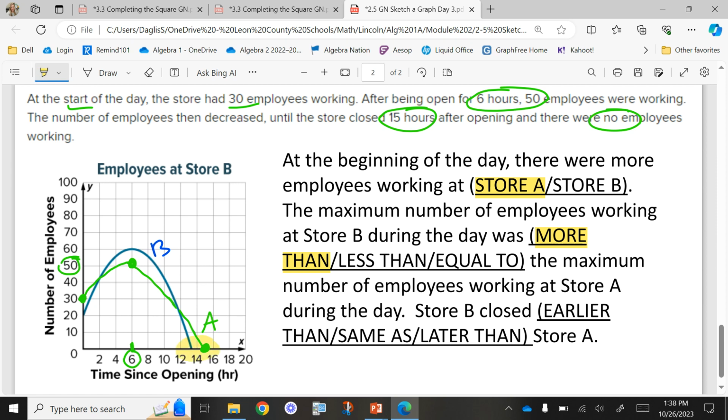Yeah, right here. So we're looking at my blue. Do they hit at the same point? No, they didn't. Blue closed earlier. See how blue has an x-intercept at almost 14-ish, 13 and a half maybe? And green has an x-intercept of about 15. So blue closed earlier. So store B closed earlier than store A. All right, good job.